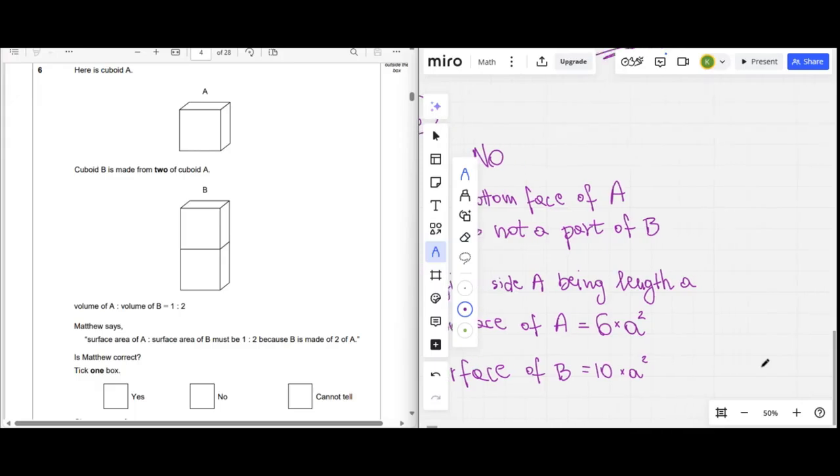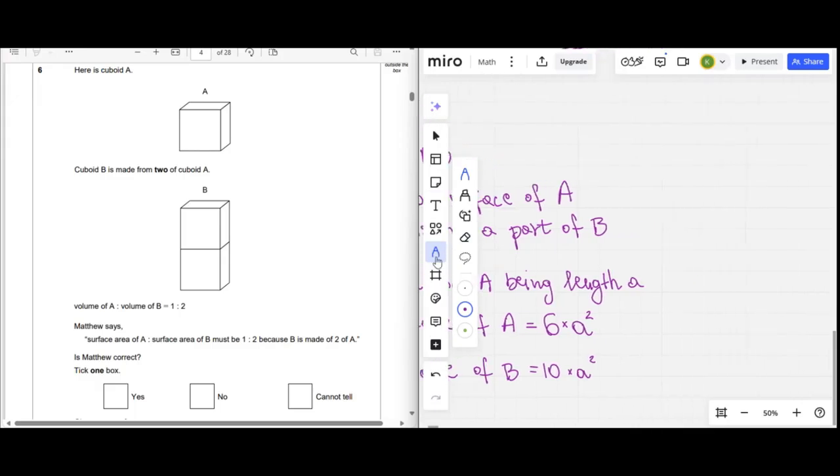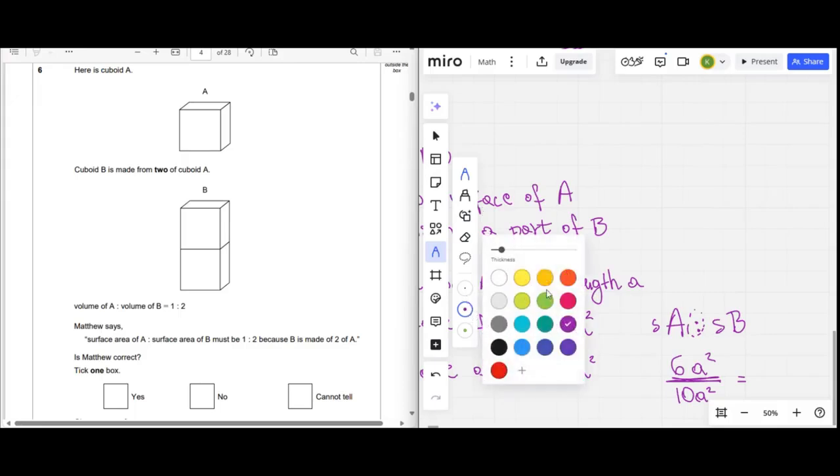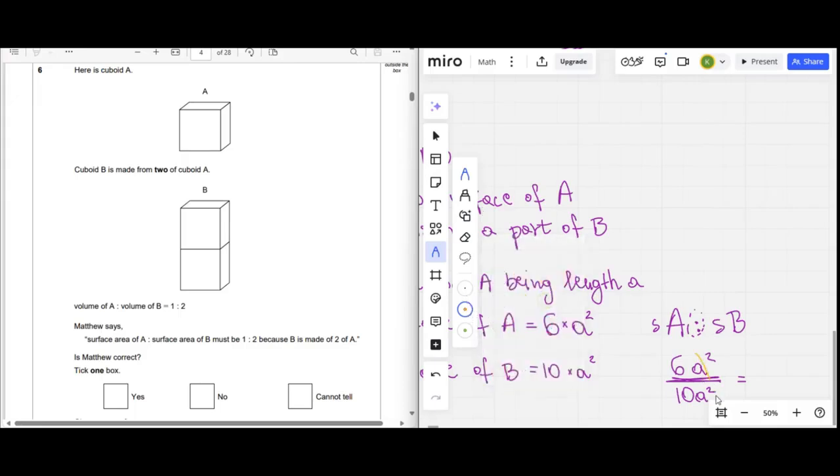So we can try now to work out the ratio of surface of A to the surface of B, and we can put that as a fraction because the ratio and the division, that sign is a division, and the fraction line is a division as well. We do that to simplify the A square, and 6 and 10.